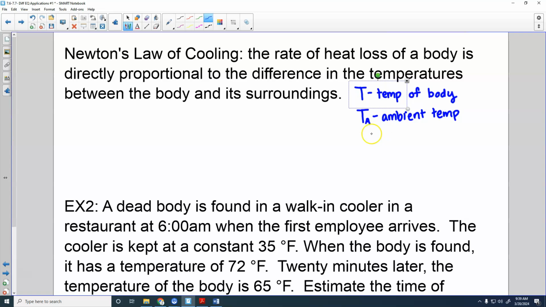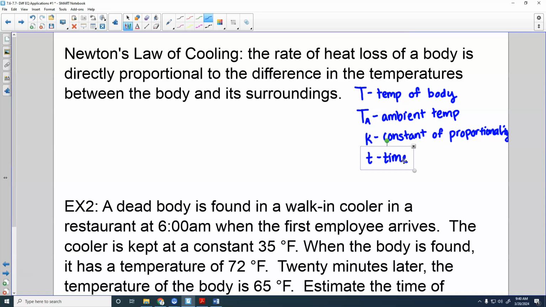And K is going to be our constant of proportionality. K is just a constant number that we've got to find. And we need to let lowercase t be time in this case.